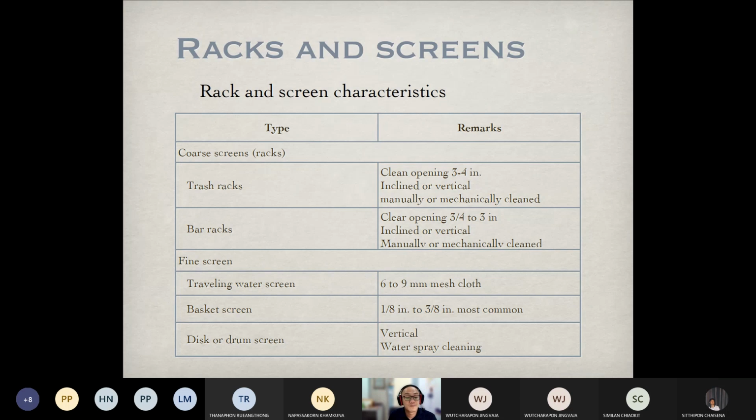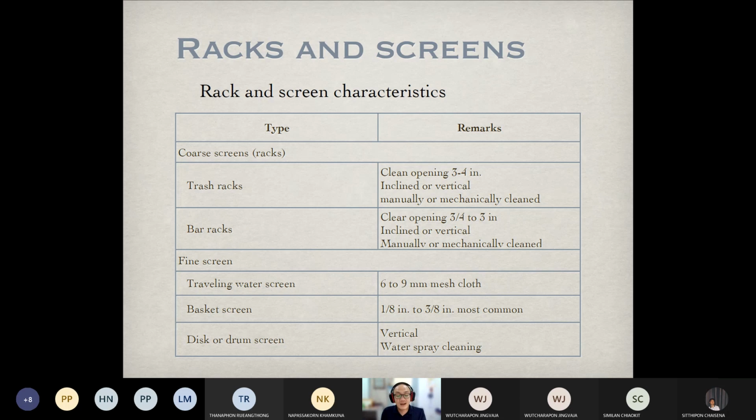racks. For the fine screen, the opening area is just a 6 to maximum 9 millimeters mesh cloth, and the basket screen. Usually, the opening area is only 1.8 inches to 3.8 inches.